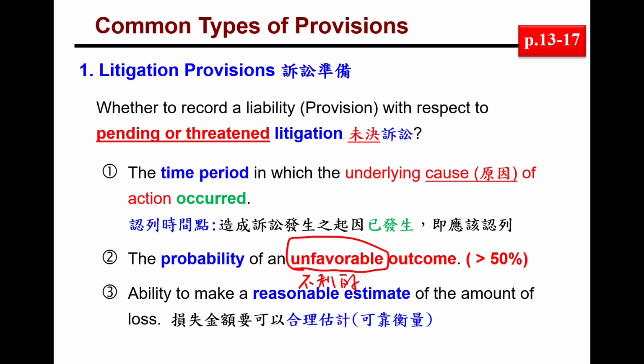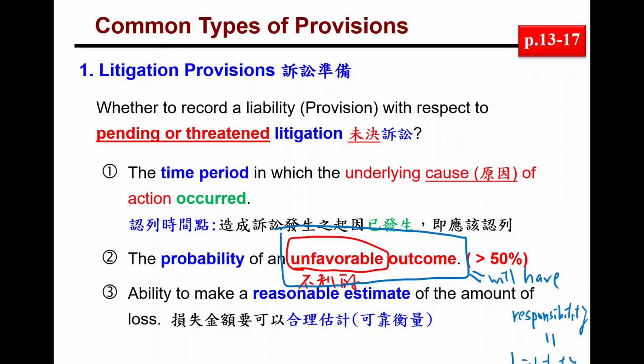Unfavorable outcome means you will have responsibility, which means you will have a liability. So a provision is about an unfavorable outcome.